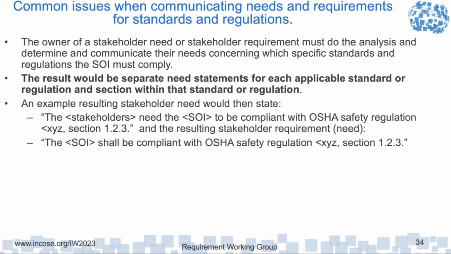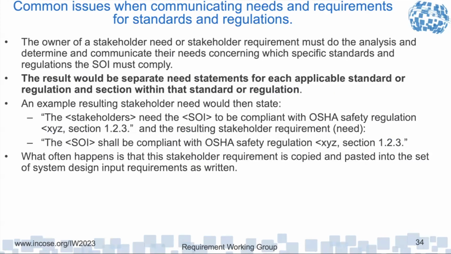An example of a resulting stakeholder need: the stakeholders need the system of interest to be compliant with OSHA safety regulation XYZ section 123, and then the resulting stakeholder requirement may be the system of interest shall be compliant with OSHA safety regulation section 123.